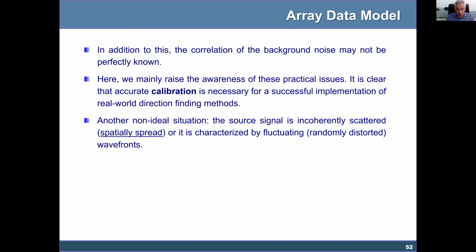In that case, the contributions from each scatterer sum, but because the phase is not exactly the same, basically this introduces some fluctuation. And the same kind of fluctuation can be introduced if the propagation medium is not ideal, and it introduces distortion in the waveform.